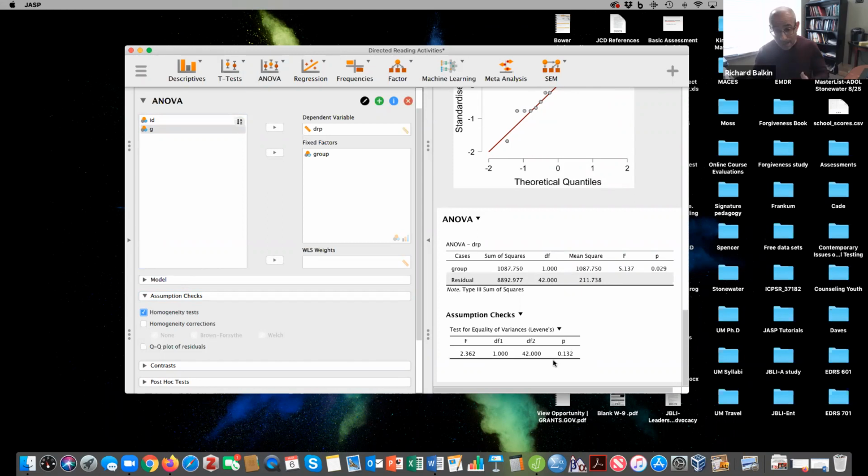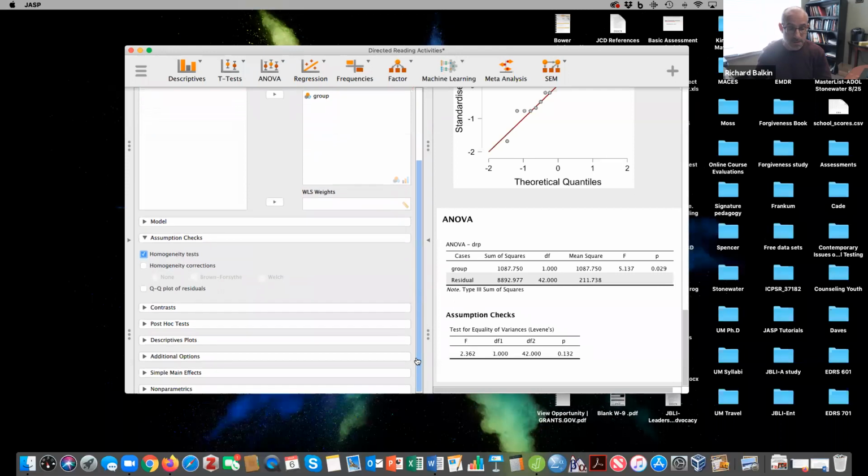So I can say we've met this assumption. If there was a problem, this p-value would be less than 0.05, and then I would need to run a correction by clicking this box and maybe interpreting the Brown-Forsythe test. But since no correction is needed, I can move on and say we've met the homogeneity of variance assumption.